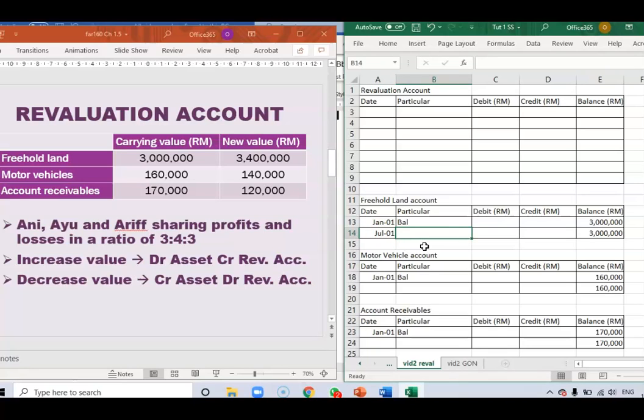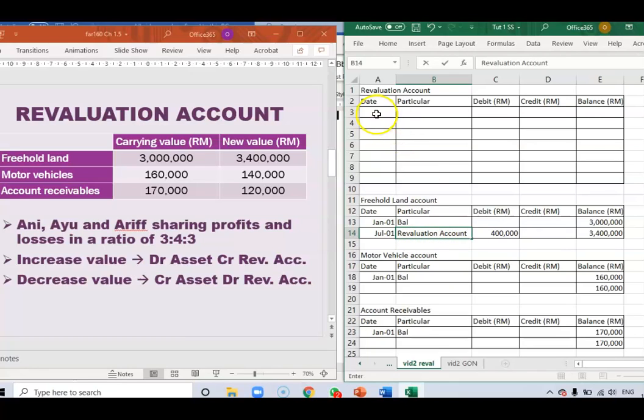When there is an increase, it should be a debit to your asset. So you debit 400,000 because it's an increase in value of 400,000. So the new balance will become 3,400,000. This 400,000 will be transferred to the revaluation account. So your particulars will be revaluation account, or just revaluations.